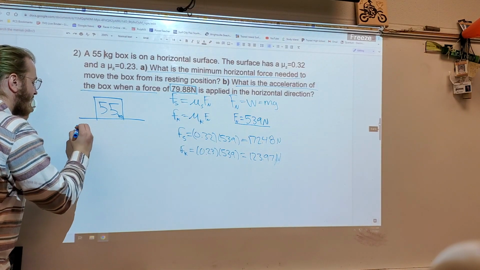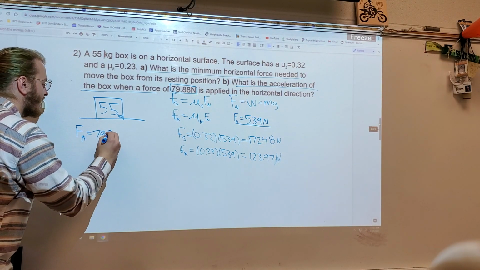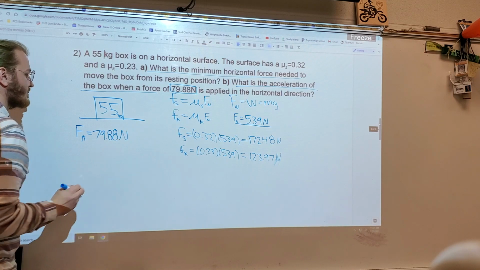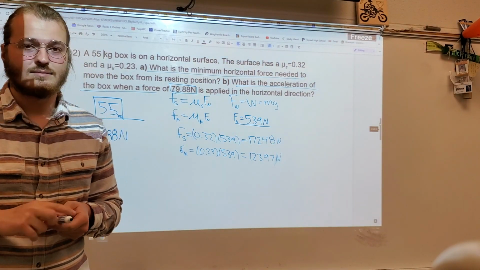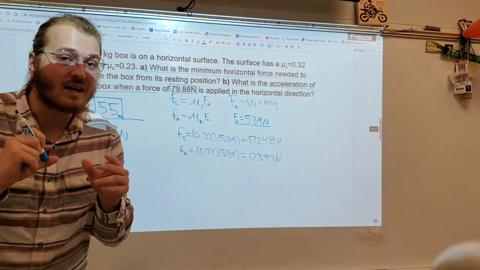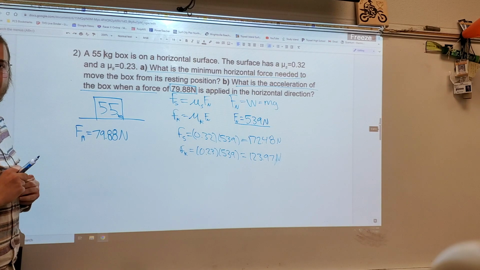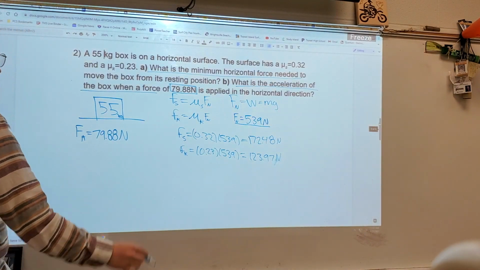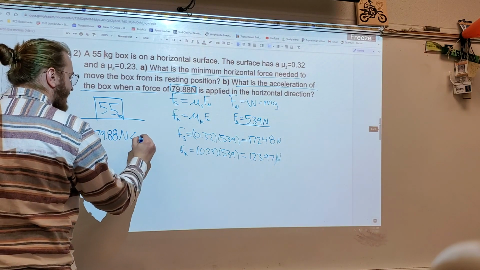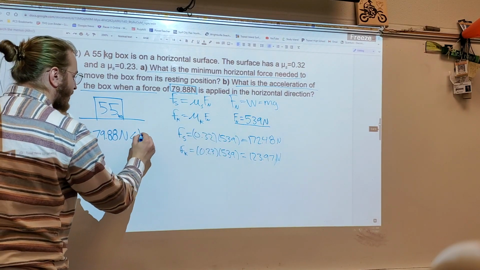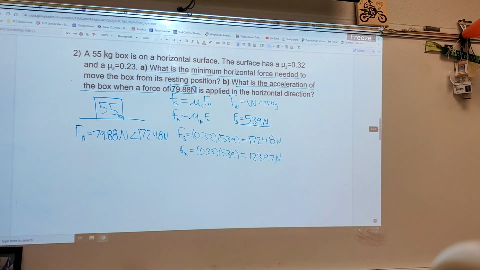If our FA is now equal to 79.88 newtons, does the box move? Yes or no? You're right, it doesn't move. Why does it not move? You're right, it doesn't move because 79.88 is less than our threshold value of 172.48 newtons.